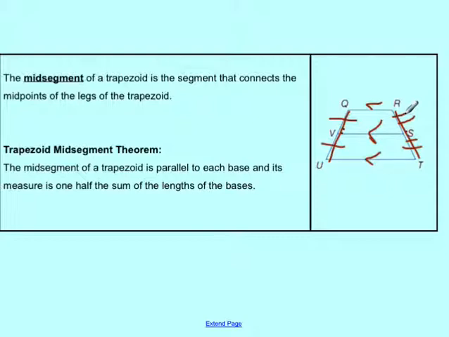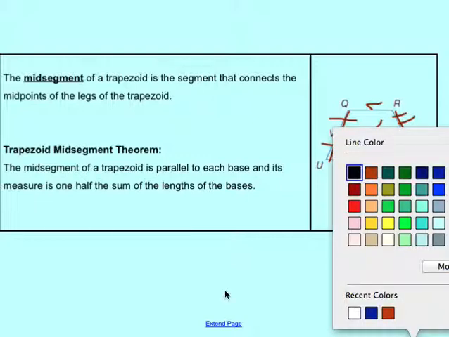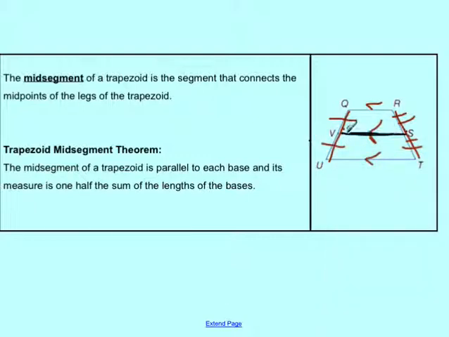So what does that mean? The mid-segment of the trapezoid is parallel to its bases, and its measure is 1/2 the sum of the lengths of the bases. So let's put that into terms I understand. I want to figure out the length of VS. Well, the length of VS is going to be equal to the length of QR, whatever the number is they give us for QR, plus the length of UT.